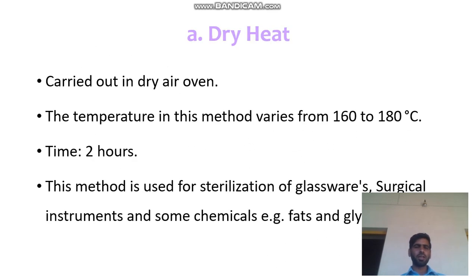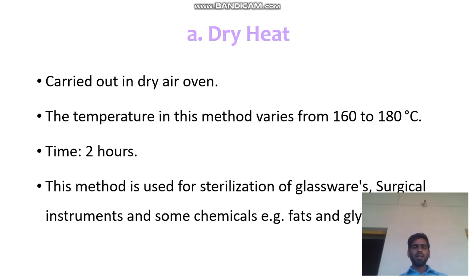Now we discuss dry heat in detail. The dry heat method is carried out in a dry air oven. These are specific ovens in which we do not use any water. We just use dry air, and the temperature of such an oven varies from 160 to 180 degrees centigrade.